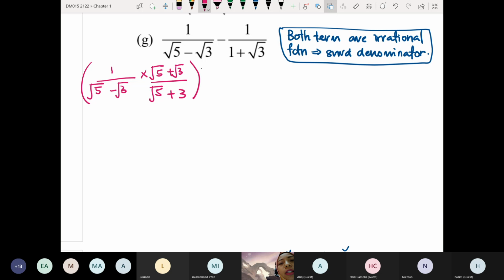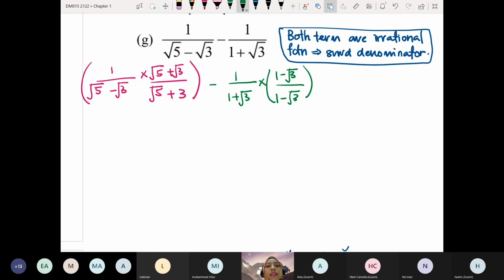And then minus 1 over 1 plus root 3 times with 1 minus root 3. Are there any problems choosing the conjugate for the denominator?